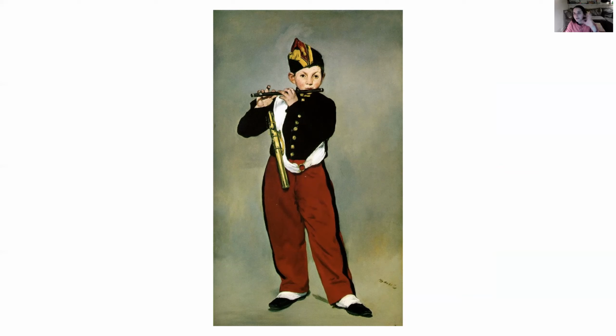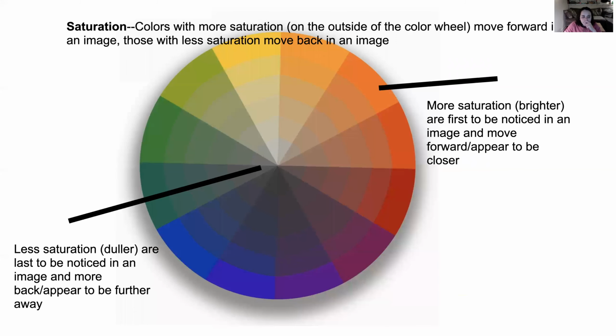It's like a photo filter where you are looking at something and the subject gets really clear, everything else gets blurry. When things get blurry, the colors tend to get desaturated, so kind of grayed out. So here's an example of that. Brighter, more saturation comes forward, duller things move back.